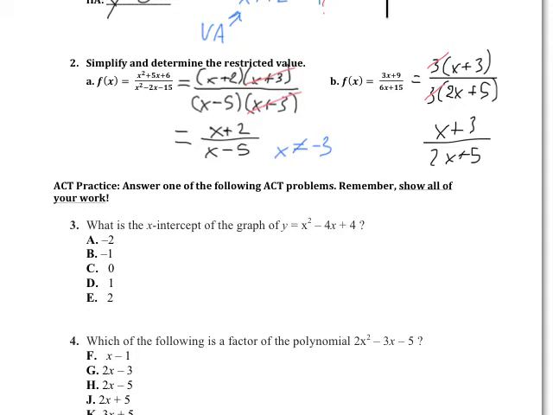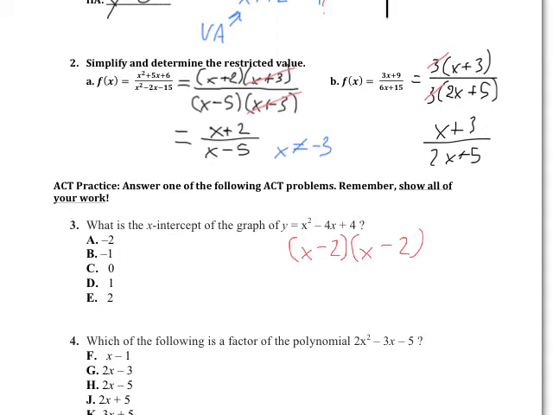Moving on, little ACT practice here. What is the x-intercept of that graph? I feel like we've seen that problem recently. That's going to factor like this. And there we go.